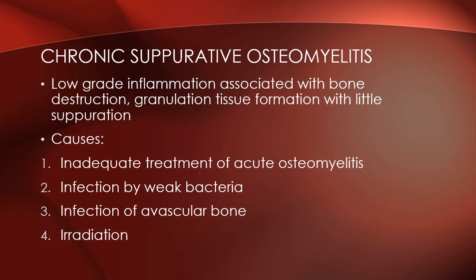Chronic suppurative osteomyelitis. It is a low-grade inflammation associated with bone destruction, granulation tissue formation with little suppuration. Causes: inadequate treatment of acute osteomyelitis after 4 weeks, infection by weak bacteria, infection of avascular bone, or radiation.